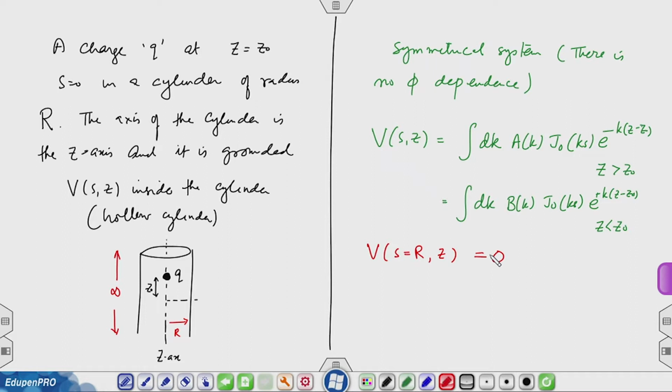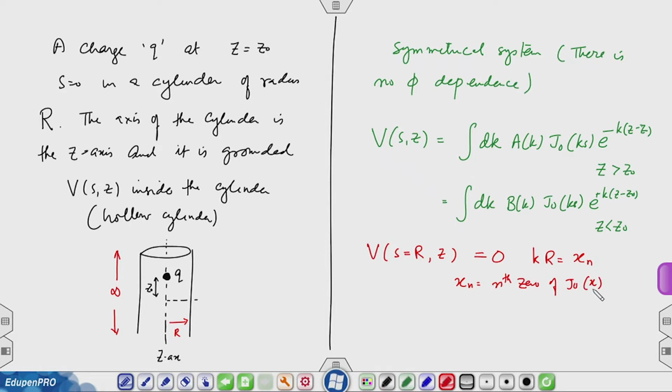Instead of integral, I am going to have summation with k r being equal to x_n, where x_n is the nth zero of J0(x).